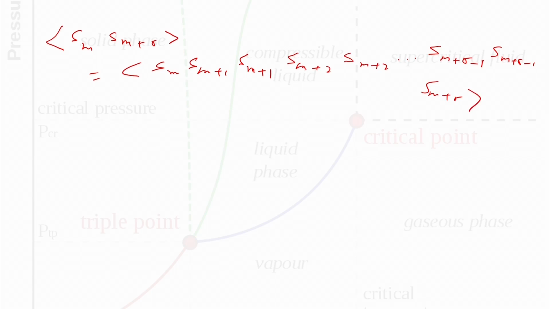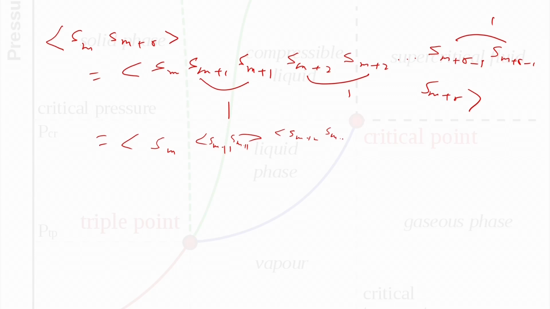That is what I have just inserted, 1, 1 like that. Now if I decide to pair up like this, I get back something uninteresting. I can pair up Sm plus 1, Sm plus 1 and Sm plus 2, Sm plus 2.